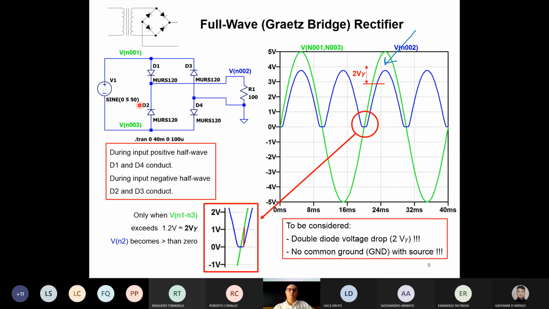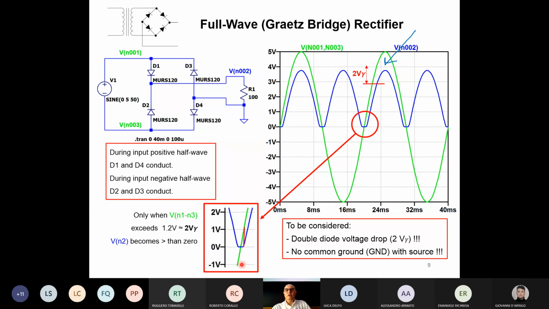There is also something that here is more evident than in the previous slides. The phenomenon that I'm going to talk about is also in the other rectifiers, but here, just due to the double voltage drop, is more evident. Let's zoom this part of the waves, and that is this part here.